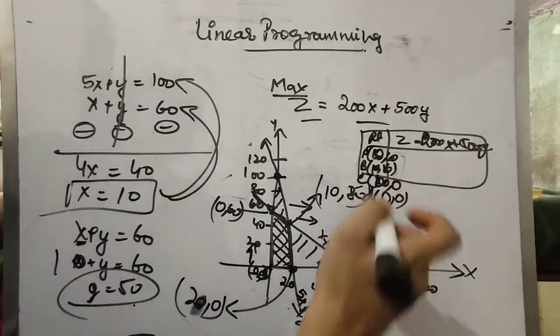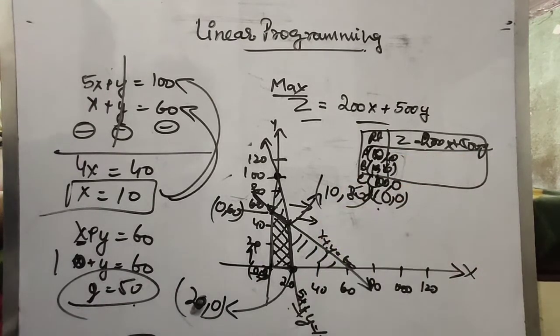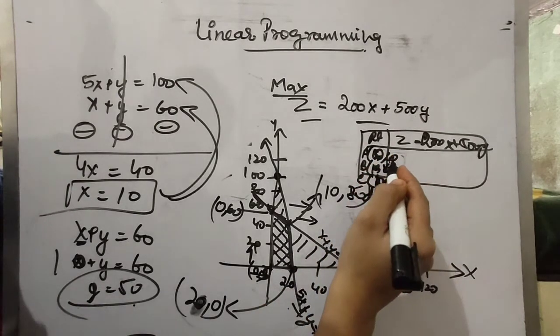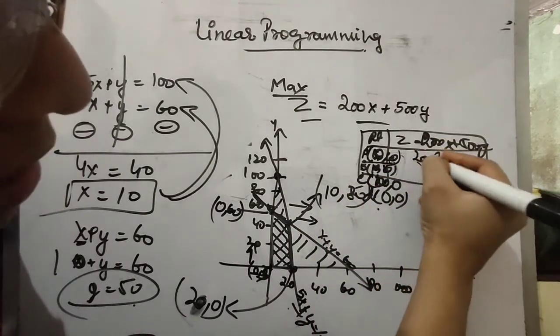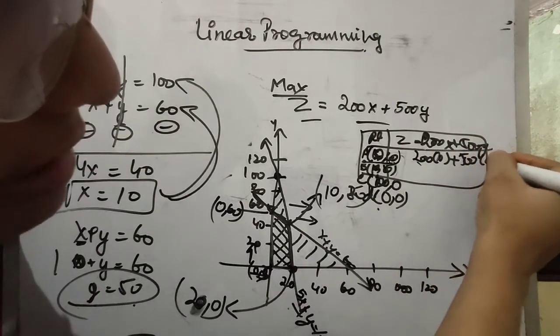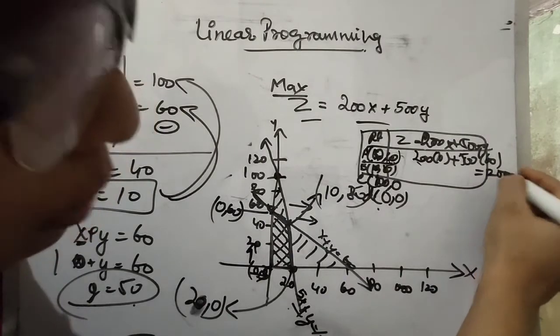So I'll place x and y respectively with these values and find out the maximum value. Now I'm placing (0, 60) here in the first point: 200 multiplied by 0 plus 500 multiplied by 60. So I get 12000 for this value.